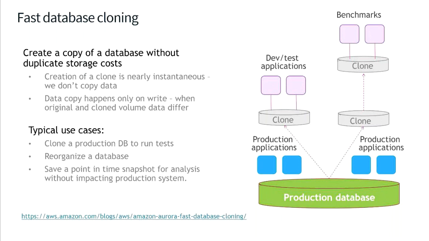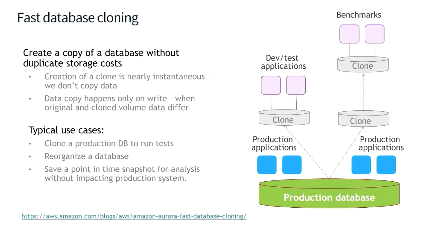This is a capability that you might be familiar with from other tools on the market, where a clone of a database is created very, very quickly. It's not actually a full copy, which could take a very long time for a large database. It's actually just a set of pointers that don't copy the data, but give you another copy which you can start reading and writing to, which is pointing back to the original database.